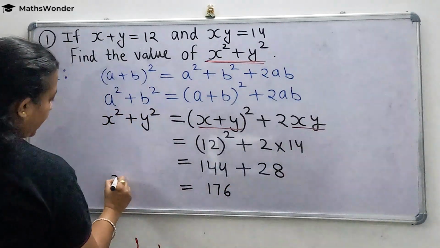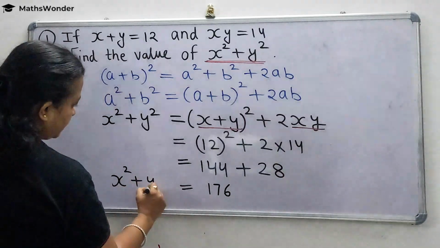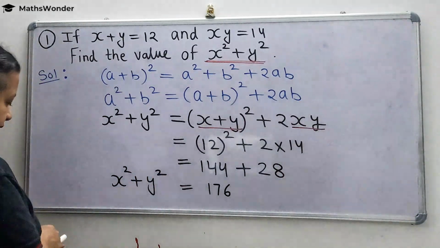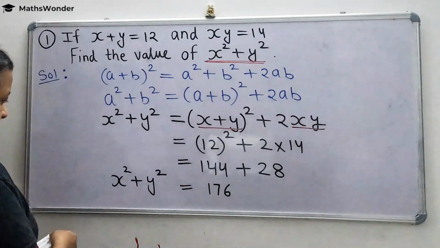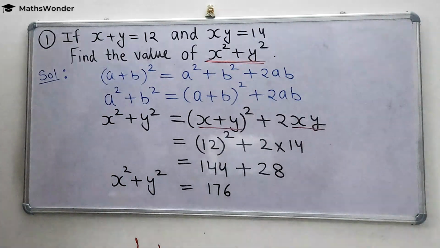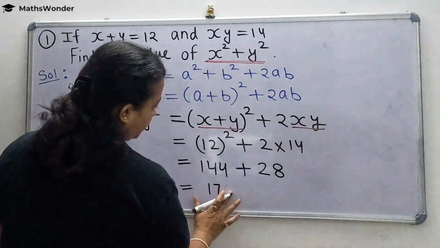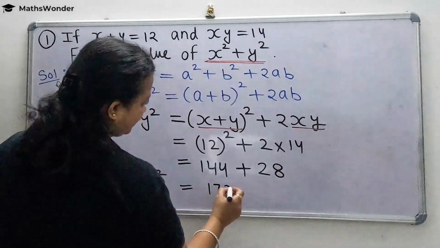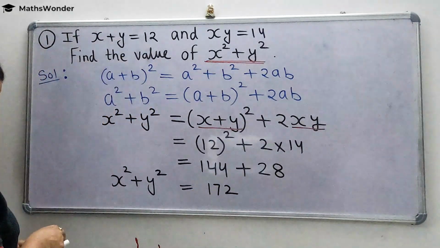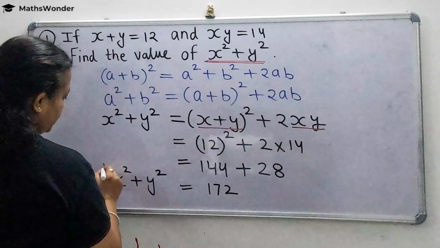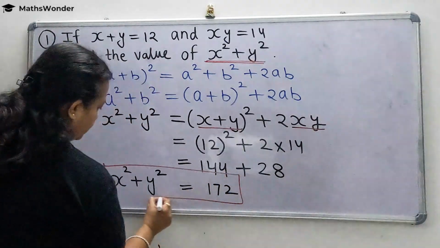So the value of x square plus y square is 176. Really 176? Check again. I got 172. 144 plus 28 is 172. Yeah, that's correct. So this is your value.